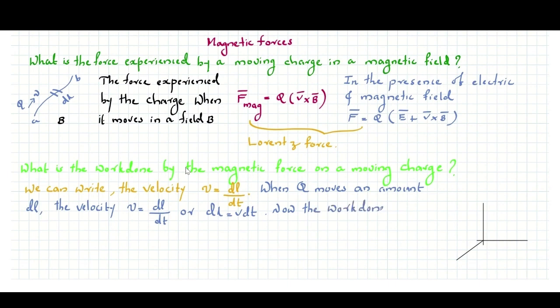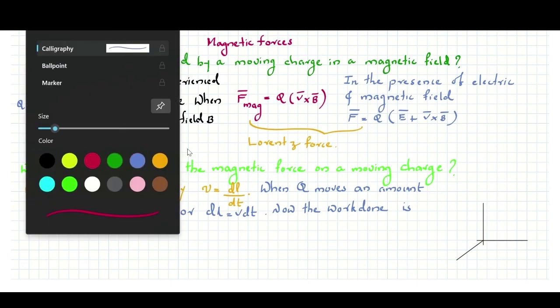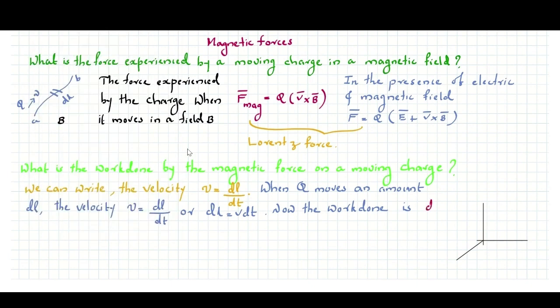Now let us calculate the work done by the magnetic force on a moving charge. We can always write the work done as force into displacement. When the charged particle moves a small distance dl, the work done dW becomes F magnetic dot dl. From Lorentz law, we have F magnetic equal to Q into V cross B, and dl is nothing but v dt.